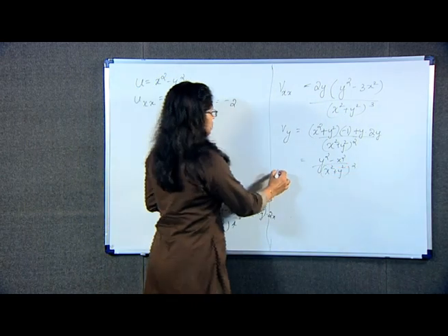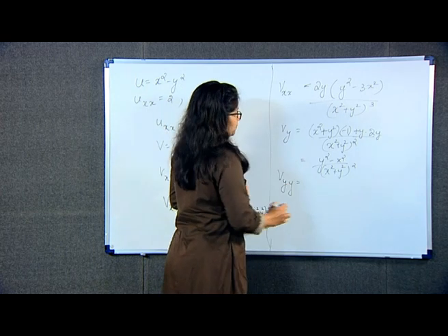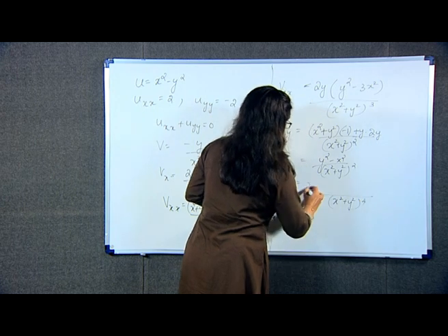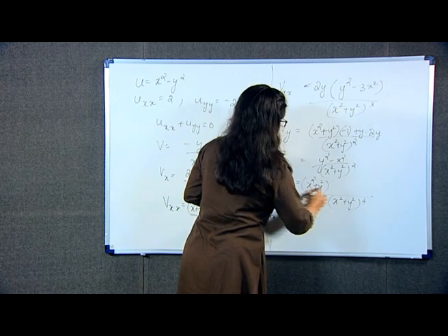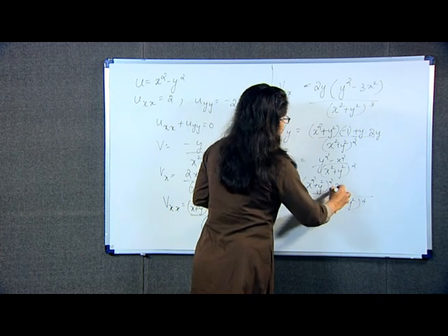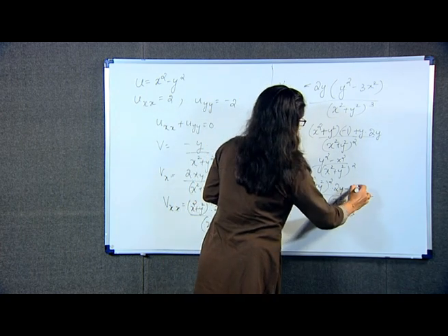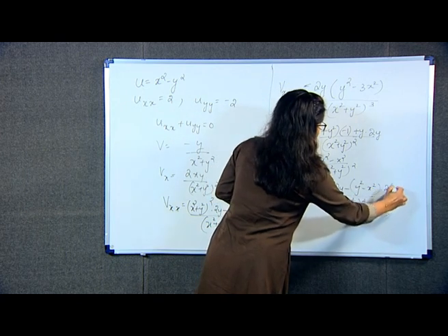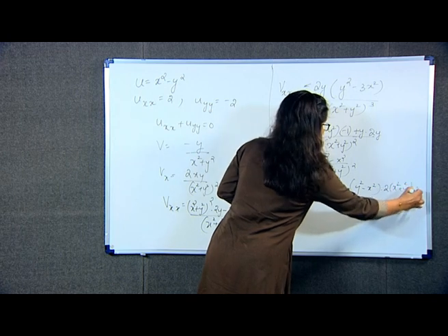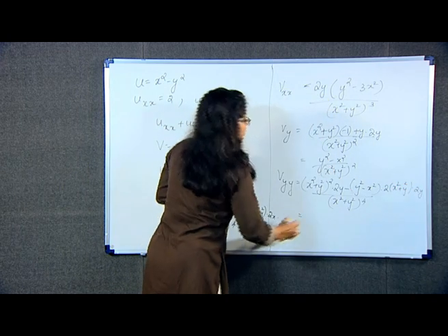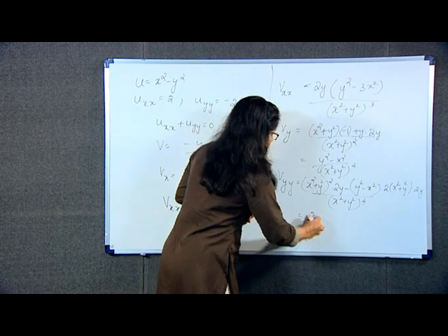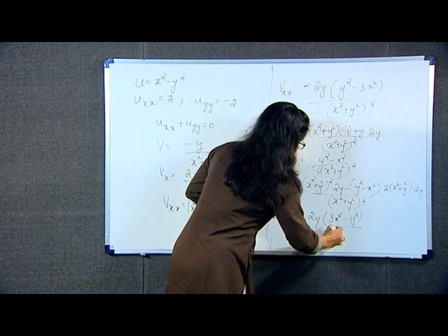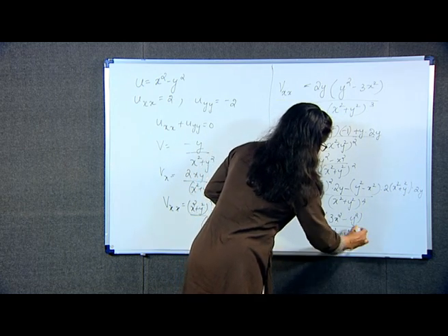Now we take the derivative once more, vyy, into 2y minus y square minus x square into 2 times x square plus y square into 2y. So, again you can see that this also simplifies to nothing but 2y into 3x square minus y square divided by x square plus y square the whole cube.